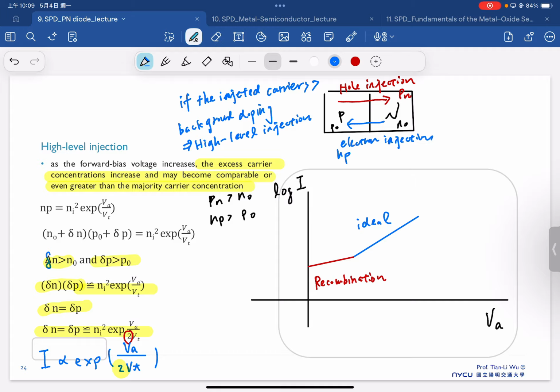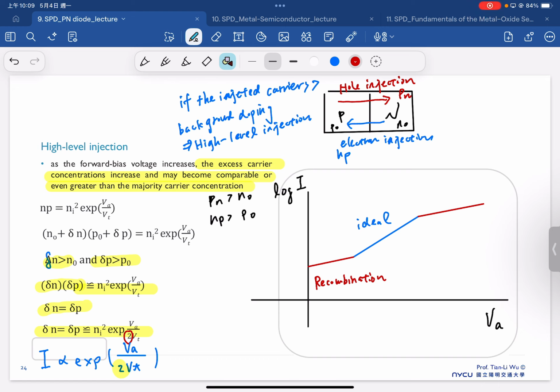But once we apply the high forward bias, we will start to expect to see this high-level injection, and therefore we will start to see the current become flat again.